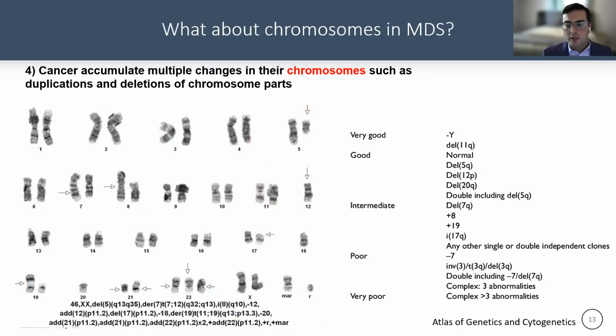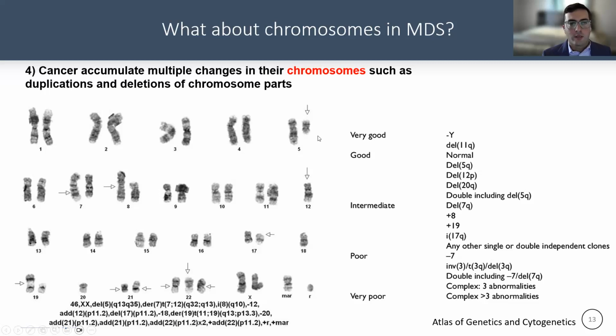And chromosomal changes are equally as important. MDS is probably one of the best defined disorders where we know the most about chromosomal changes. Again, what you're seeing here in this figure is what should be 22 normal chromosomes, each with 2, and then an X and an X here.